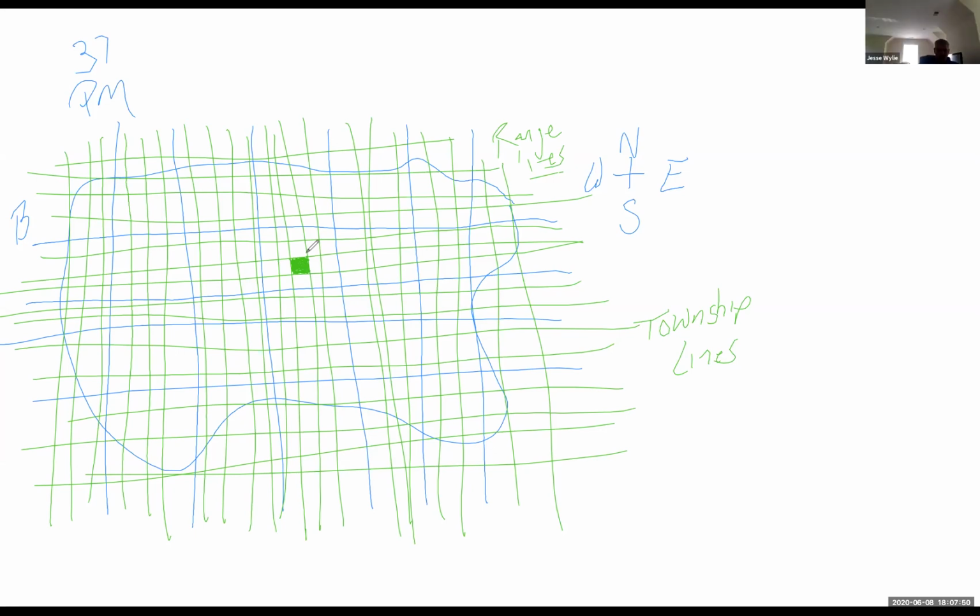It's kind of interesting that we have township and township lines. So think about a town, an average town here in the area. An average town is how many square miles, such as this? 36 square miles. So this is a 36 square mile piece of land.